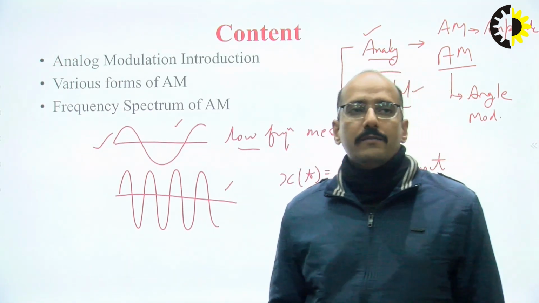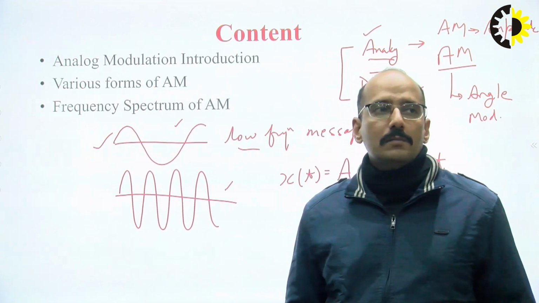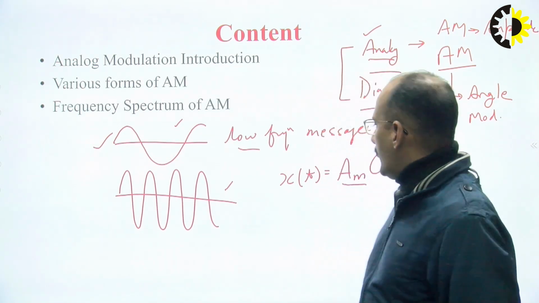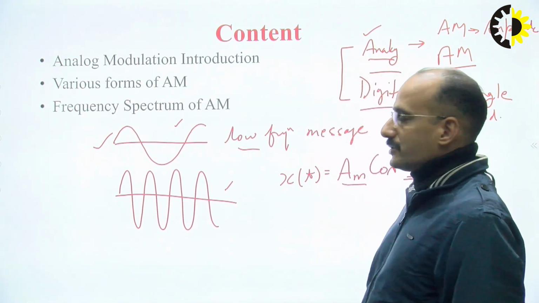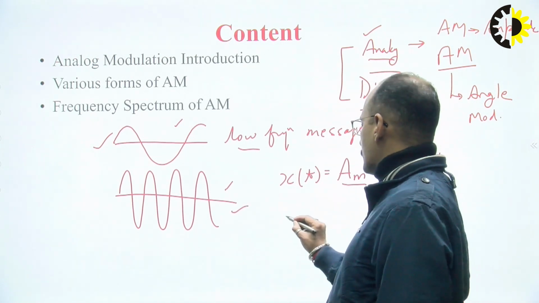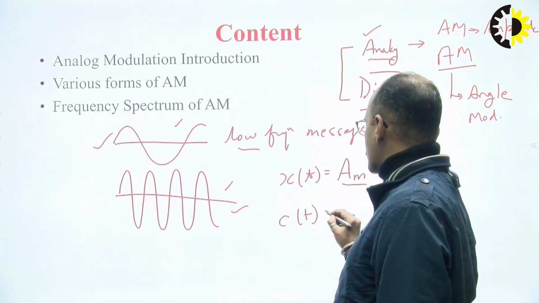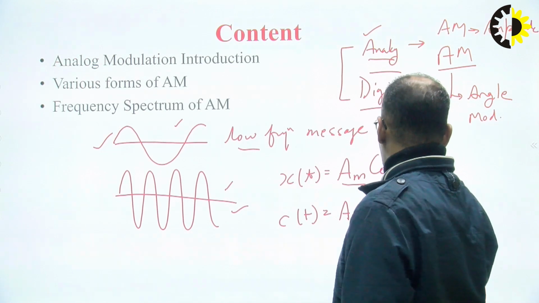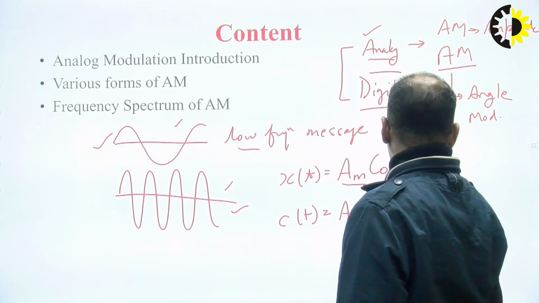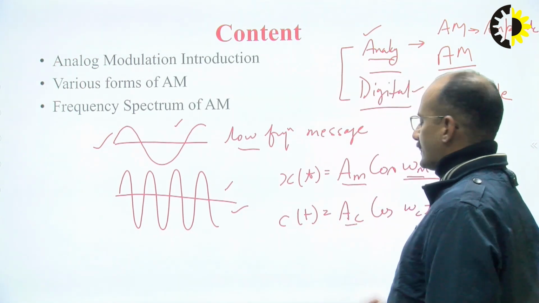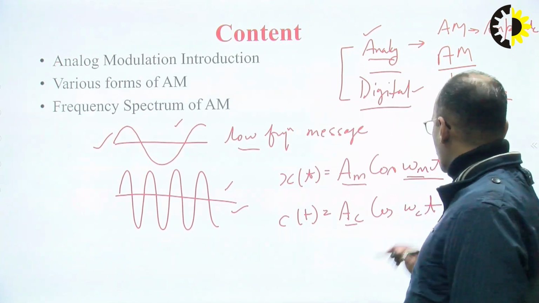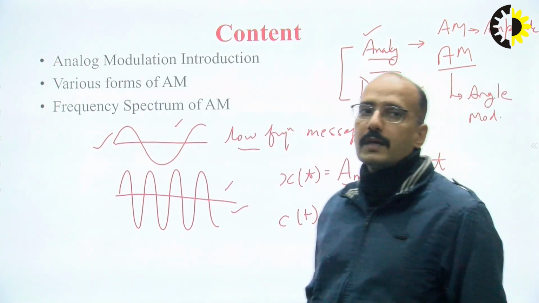Whenever we do the modulation, we change the carrier, which is another signal c(t) = Ac cos ωc t. In this, Ac is the amplitude of the carrier and ωc is the angular frequency of the carrier.